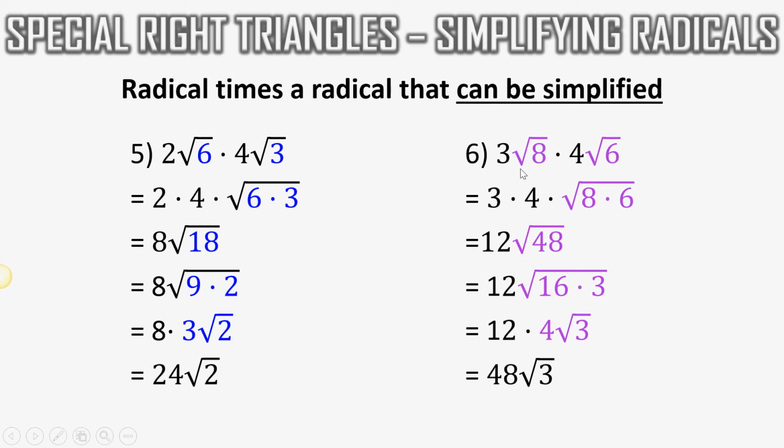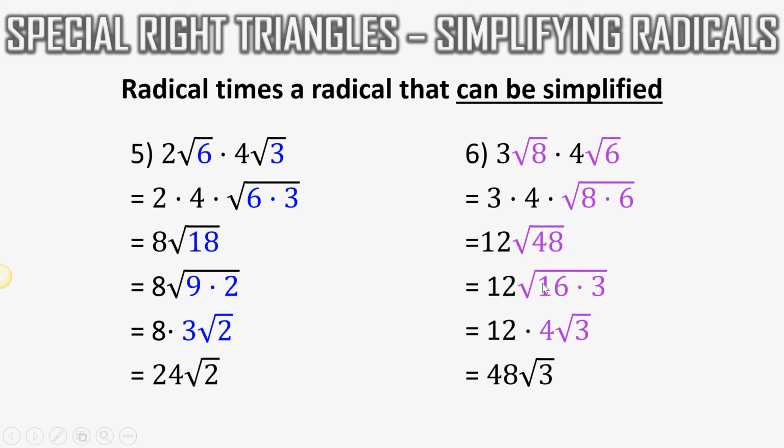Similar with this one. The 3 times the 4, I pull those together. I get 12. Pull that down to the next to last step. But that radical 8 times radical 6, I'll pull them inside together and get radical 8 times 6, which is radical 48. If you remember how to use prime factorization, where you would have 2 times 2 times 2 times 2 times 3, you can do that.